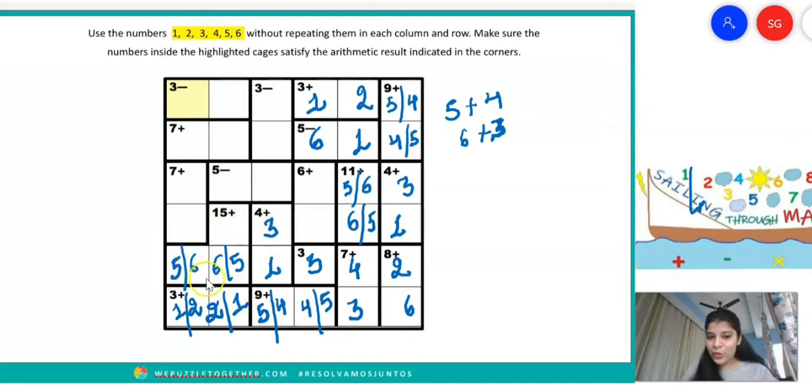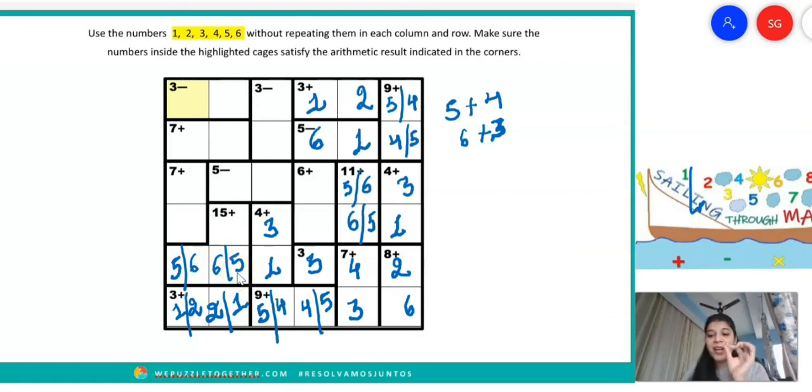What I have to do here? It is saying that the summation of these three blocks, that is this block, I'm sorry, that means this block, and this block has to be equal to 15. Now 5 and 6 are already placed here.